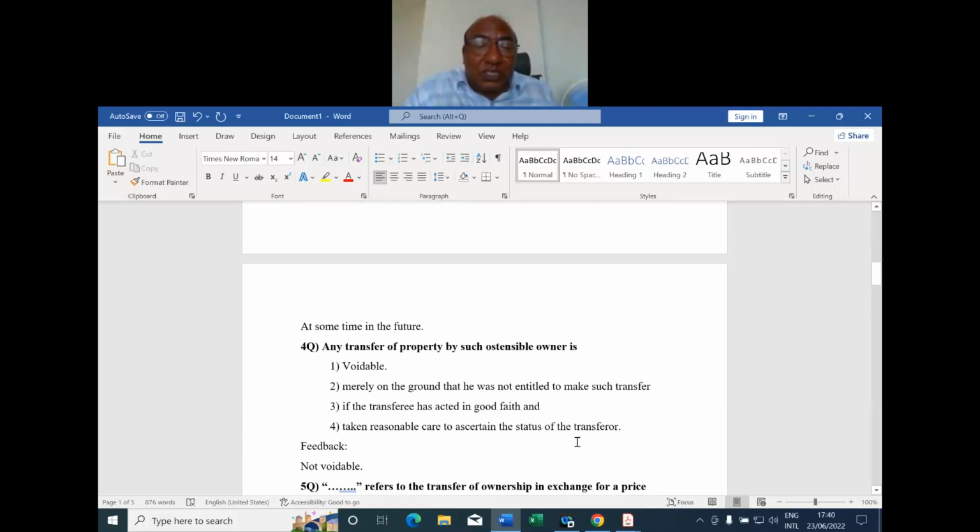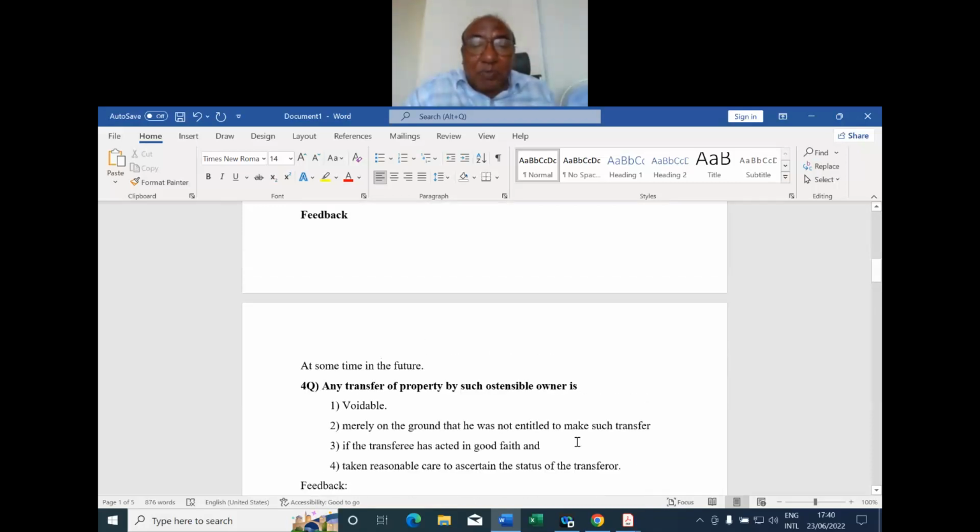Now, the fourth question is, any transfer of property by such ostensible owner is, number one, voidable. Number two, merely on the ground that he was not entitled to make such a transfer. Third, if the transferee has acted in good faith. And fourth, taken reasonable care to ascertain the status of the transferor.